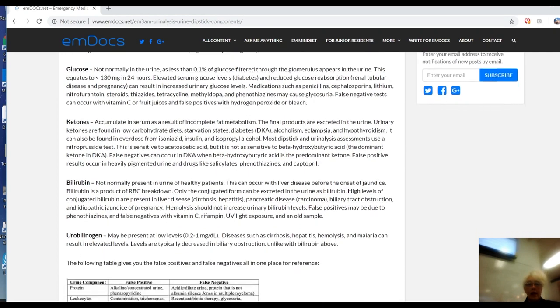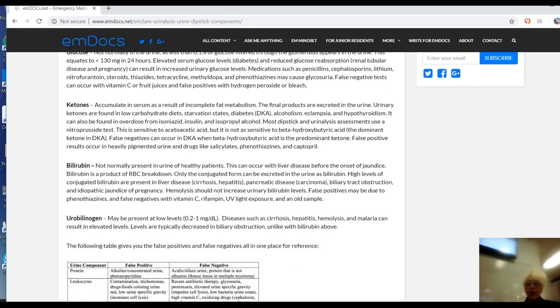All right, let's continue. Hematuria obviously are red blood cells. There shouldn't be red blood cells in the urine. Glucose, you're not supposed to have a lot of glucose in the urine. Different things can cause that. Typically, if you find too much glucose in the urine, it's usually indicative of diabetes. Ketones, well, this is a result of diabetic ketoacidosis.